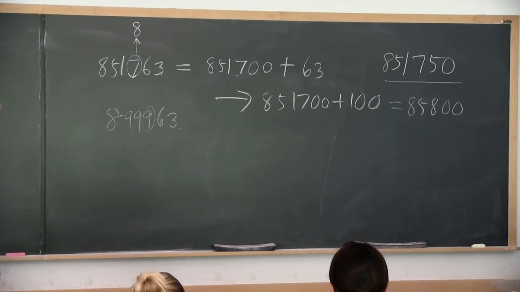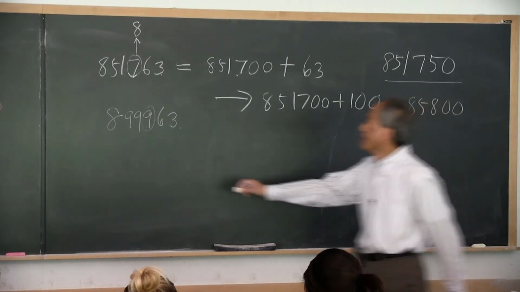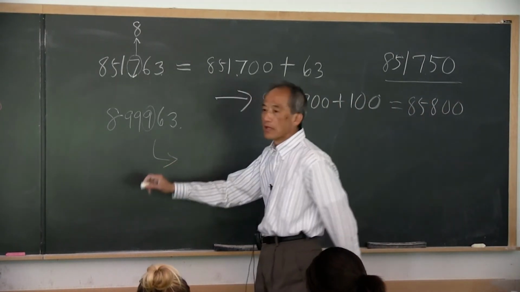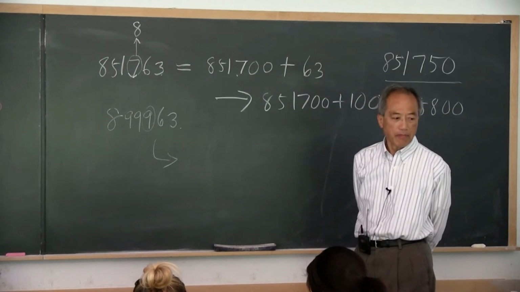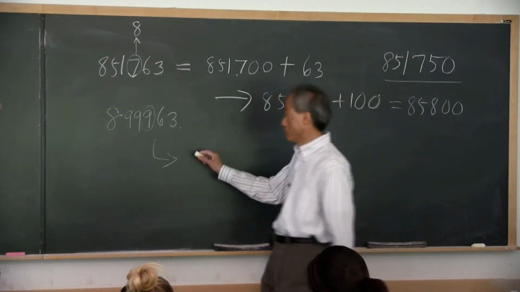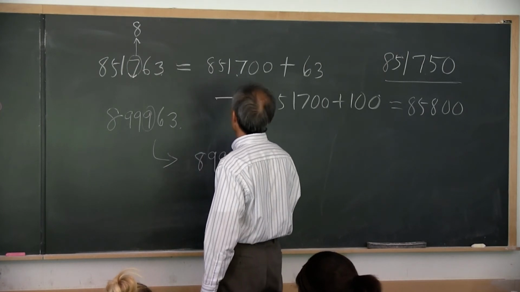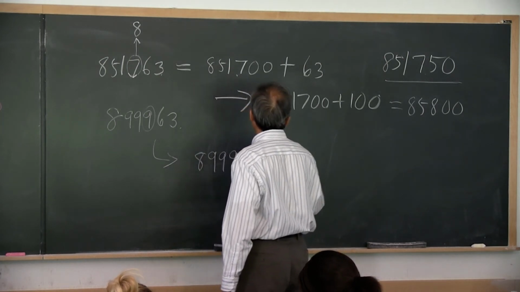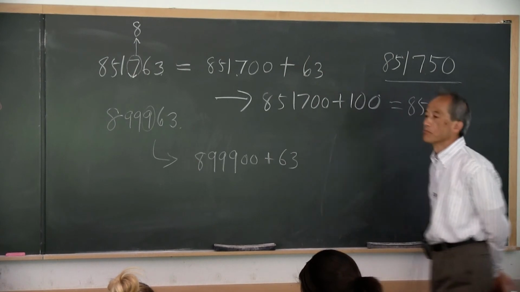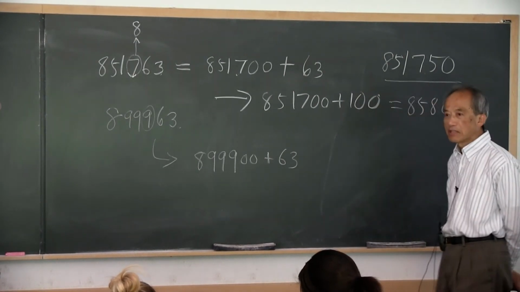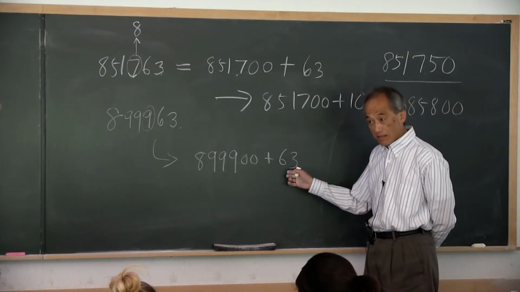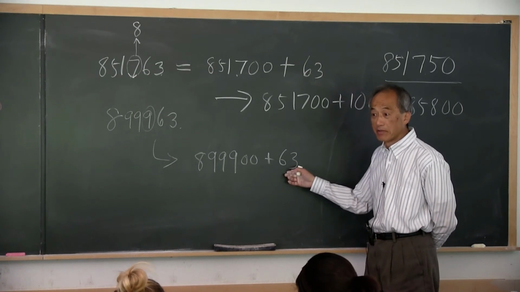Well, of course, you don't see any advantage in that, but when you come to here, then it becomes very pronounced, the advantage. Okay, because now you follow the recipe, right? You say it's 89900 plus 63. The recipe says 50 and up.